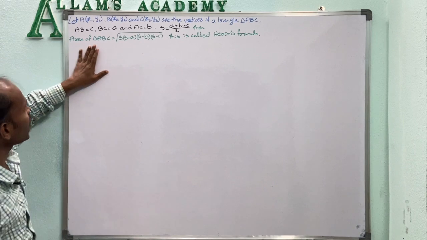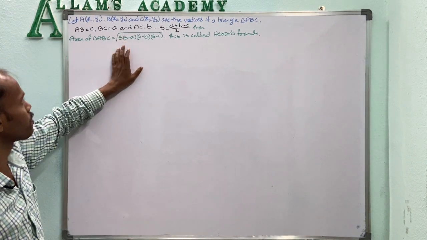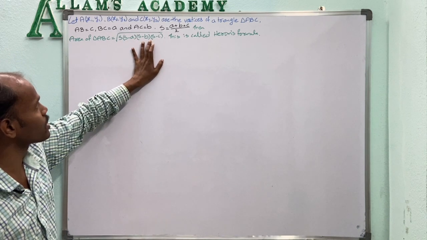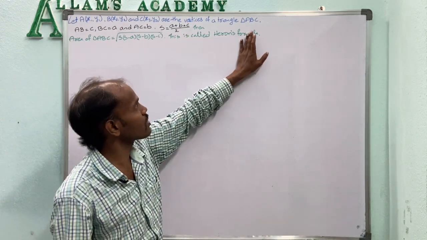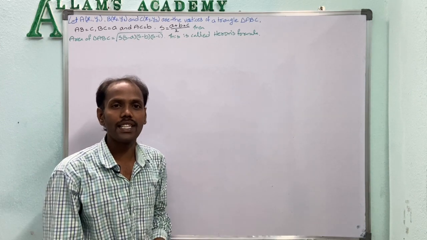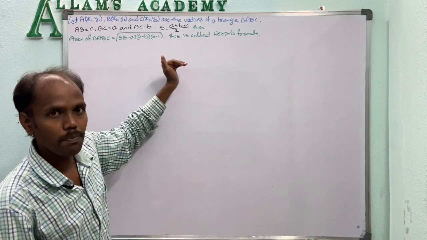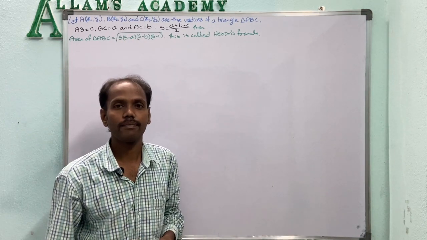Then the area of triangle ABC is found using this principle: under root S into (S minus a) into (S minus b) into (S minus c). This is called Heron's formula. This principle was given by the mathematician Heron. Now by using this principle we find the area of triangles.